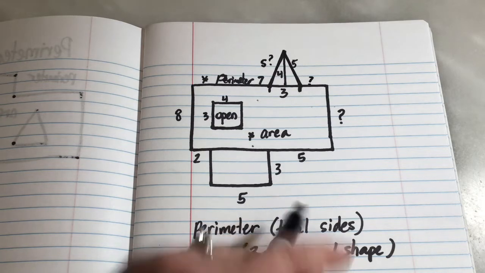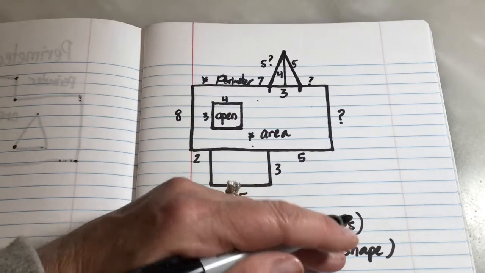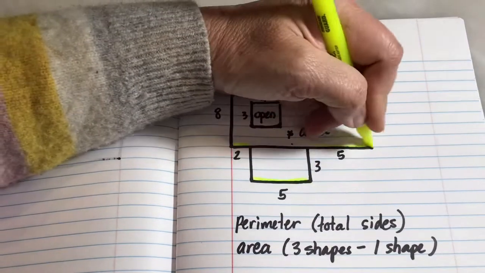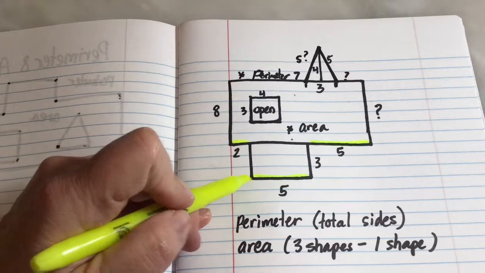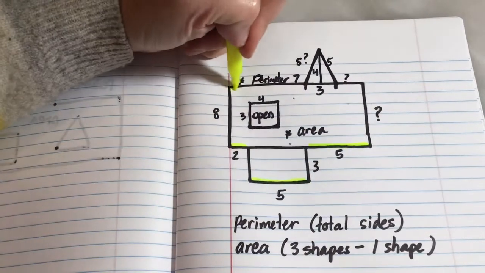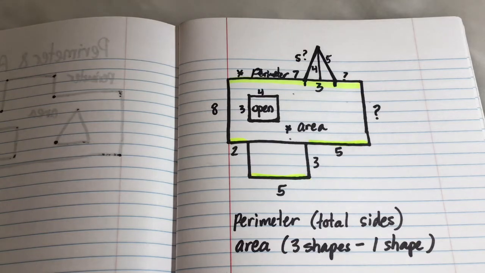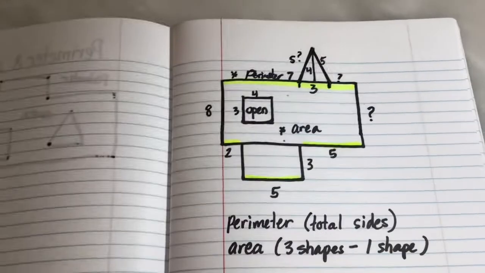What do we have to do? We have to look opposite of it. We have to highlight this plus this plus this, because this plus this plus this should equal this. It's the same length.